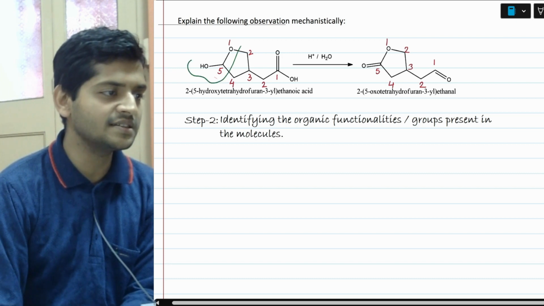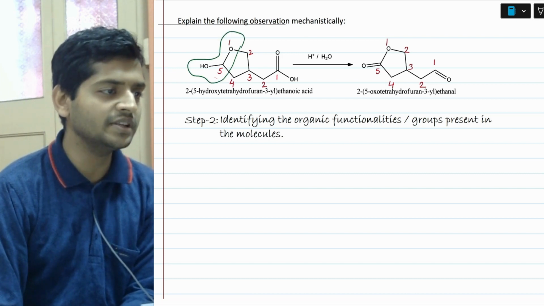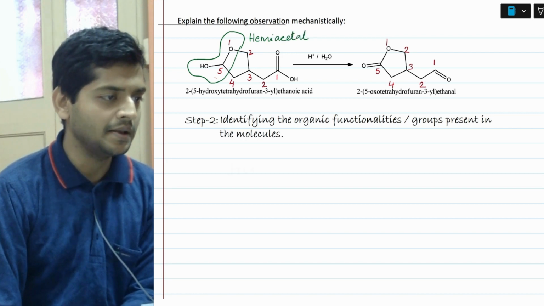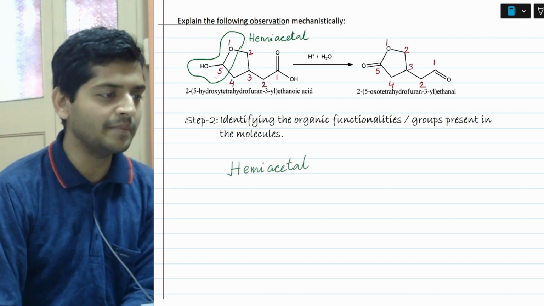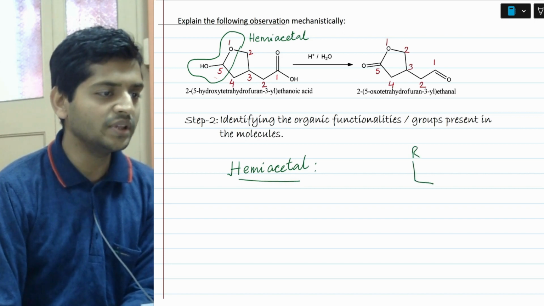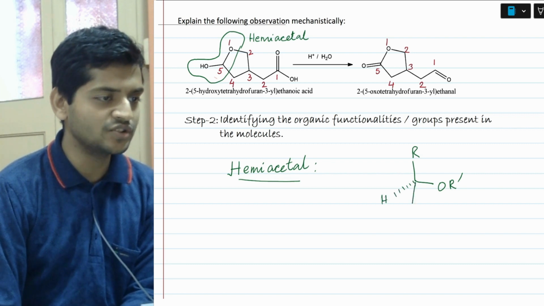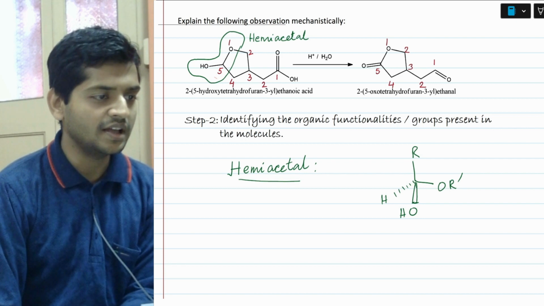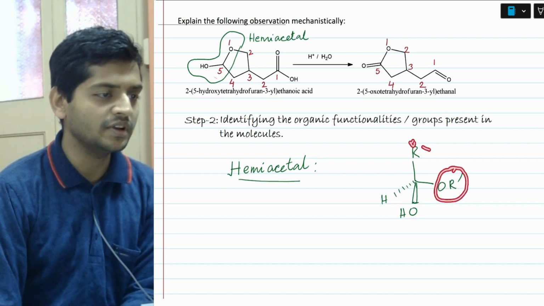As you can see, this fifth carbon is nothing but the central carbon of the hemiacetal, because when we think about hemiacetal, it is the carbon which is linked with four different groups. One is hydrogen, the second is the hydroxy group, then the third is the alkoxy group, and the fourth is the alkyl group.